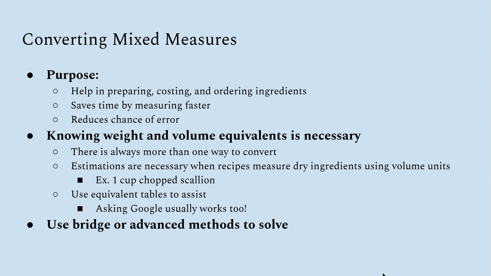But doing a little investigating or maybe even weighing these ingredients out yourself will help you understand the difference between the two. But nonetheless, we still use the bridge or advanced methods to solve. So let's see one of these.